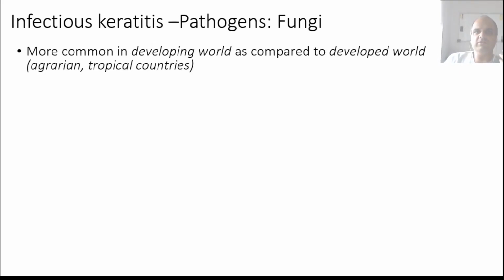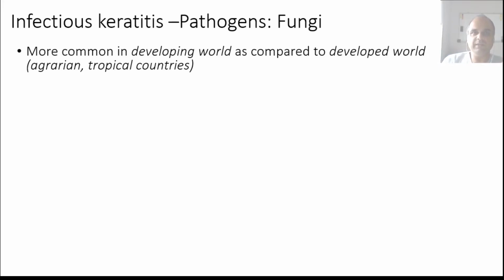We're moving on to fungi and fungal keratitis, and fungal keratitis is more common in the developing world as compared to the developed world. This is a rather diplomatic way of saying that underdeveloped agrarian economies are more prone to getting a fungal keratitis rather than those really developed Western and Northwestern economies. It is what it is, and we are an agrarian economy.